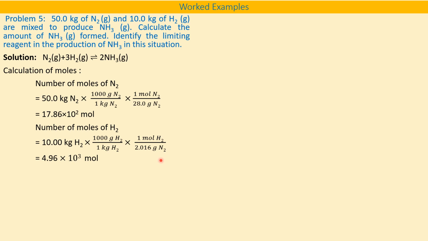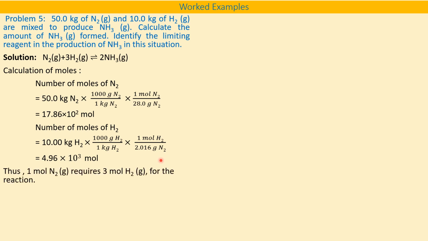According to the equation given above, 1 mole of nitrogen requires 3 moles of hydrogen for the reaction. Both are in gaseous state.